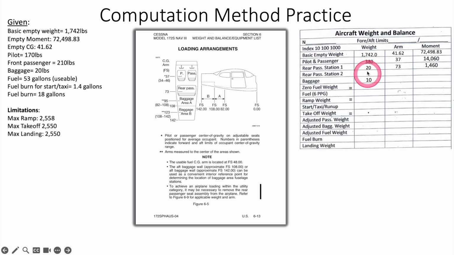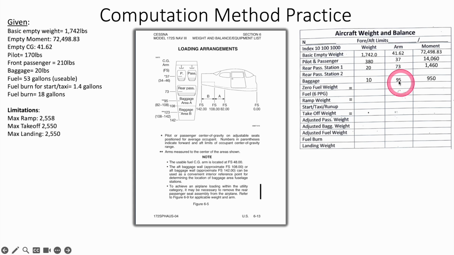We're going to leave the second one blank. So looking at the baggage compartment, just assuming there's always going to be a tow bar or sometimes fuel located in the baggage area A, we're going to add 10 pounds there, multiply that by 95 inches, and we get a moment of 950. Add these all up, each of these columns.